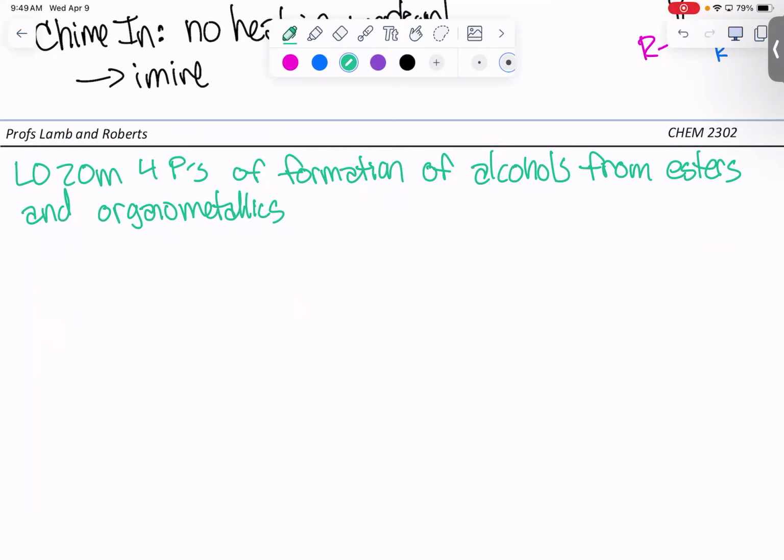The hydride is bound to a metal or a metalloid, putting that negative charge on the H. So it's not a proton, it's a hydride. So it turns out we can make alcohols from esters, from organometallics, or we could use hydride reagents to make a different product, but it would still be an alcohol. And if you're following along in your book, this is 20.11.